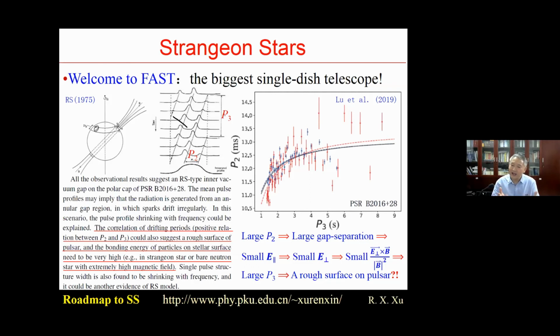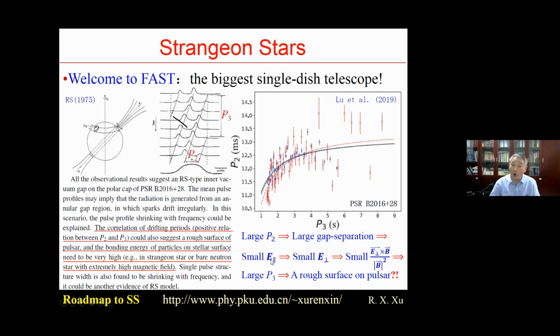But why? How can we have different kinds of E parallel in the neutron star model? For the older, conventional neutron star, the surface is very smooth. It's difficult; you can hardly have different kinds of E parallel.